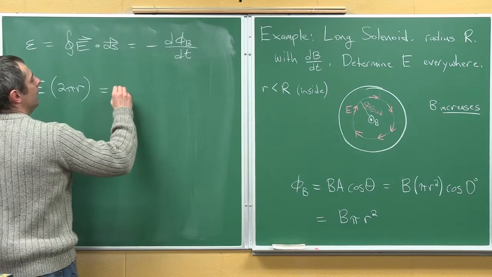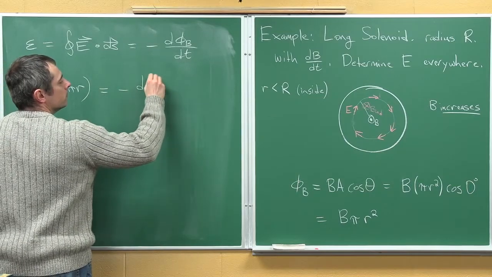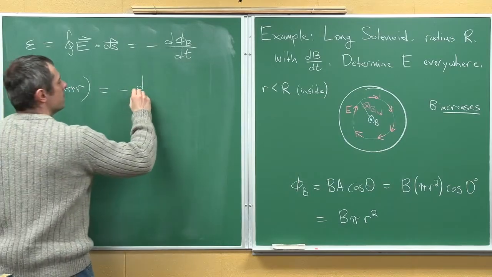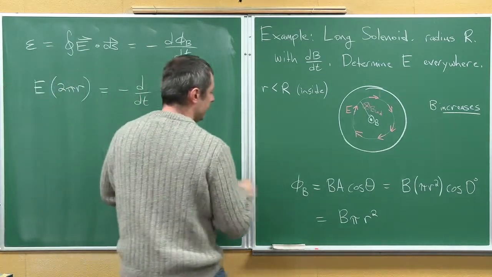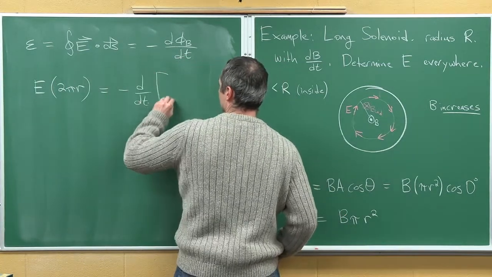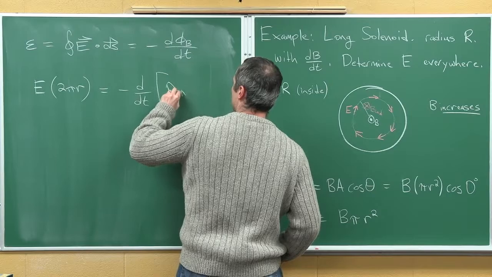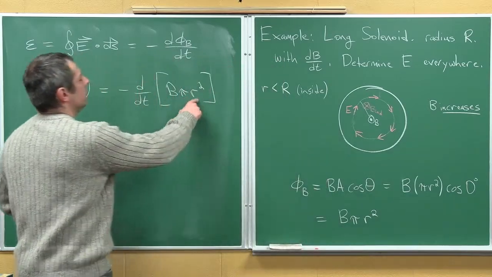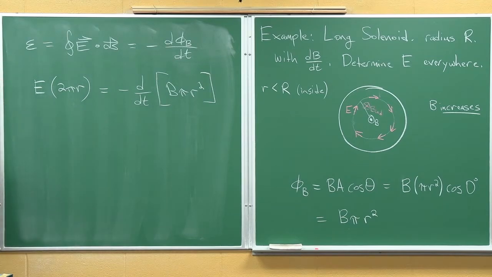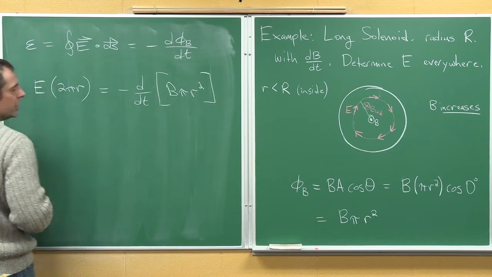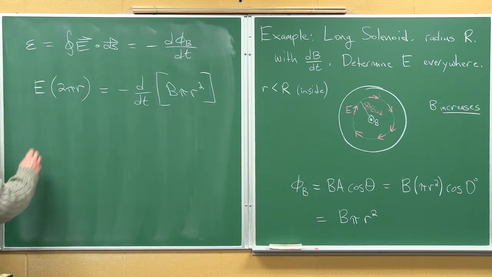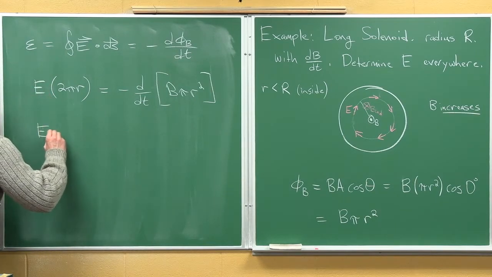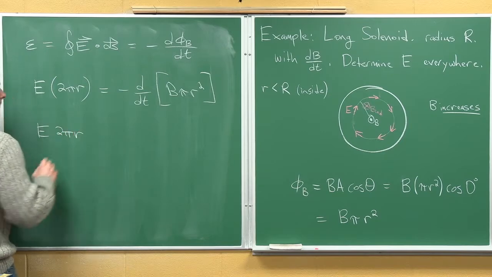And then on this side, I'll plug in the expression for the magnetic flux, B pi r squared. Well, pi is a constant, and so is the radius of our loop that we imagined going inside of our solenoid. So the only thing that's changing is the magnetic field. So I can write E times 2 pi r.